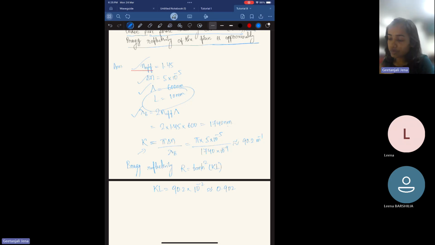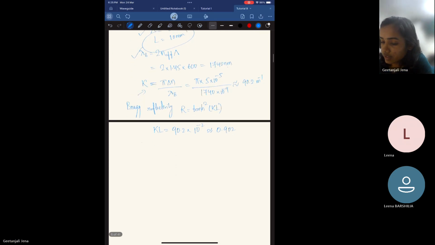So how to find tanh squared of kappa L? You can use tanh x equals e to the power x minus e to the power minus x over e to the power x plus e to the power minus x. Here x is kappa L, whose value is 0.902.